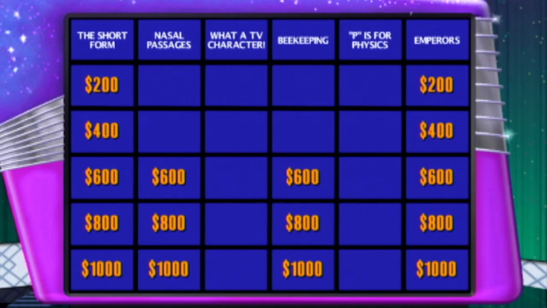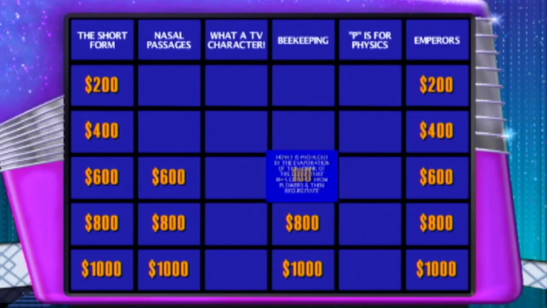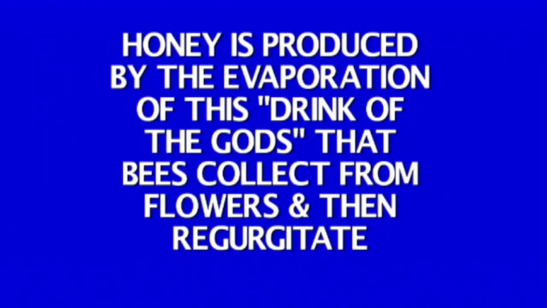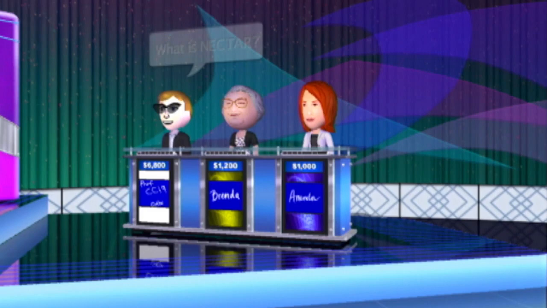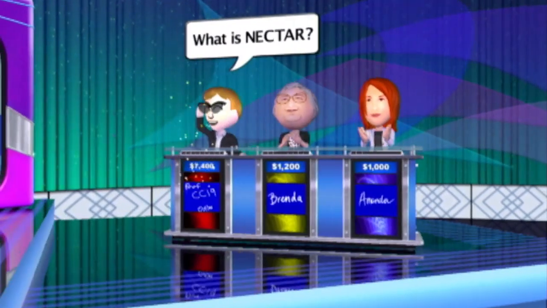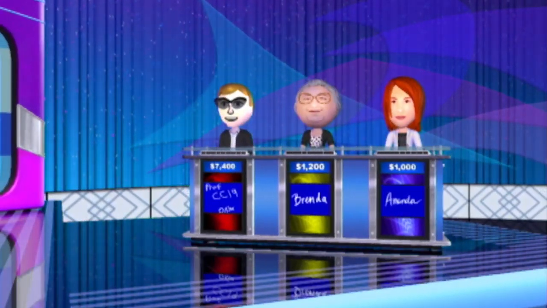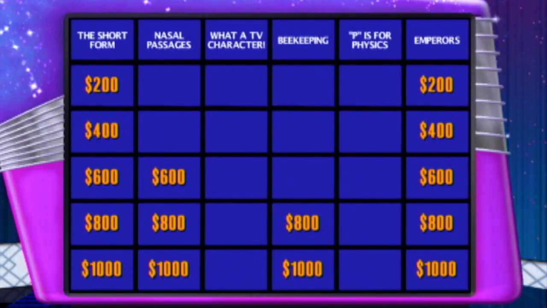Please pick again, Player 1. Honey is produced by the evaporation of this drink of the gods that bees collect from flowers and then regurgitate. Let's hear it, Player 1. Yep. Player 1, pick again.